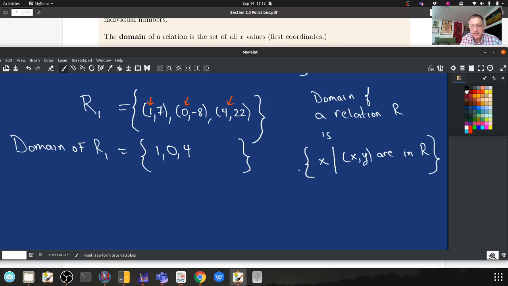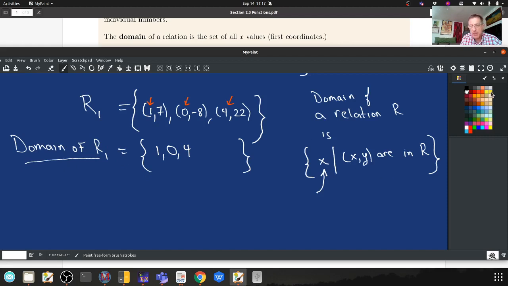So what this says is this is a set. The set contains x values such that those x values are in the ordered pairs contained in R. And here is a specific example of a domain of R1 where R1 is defined and it's small.